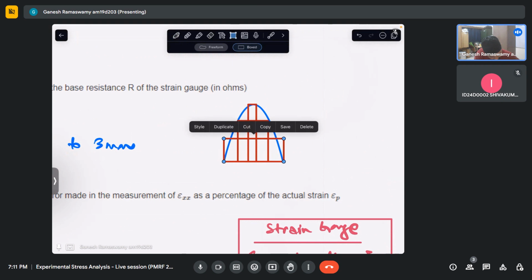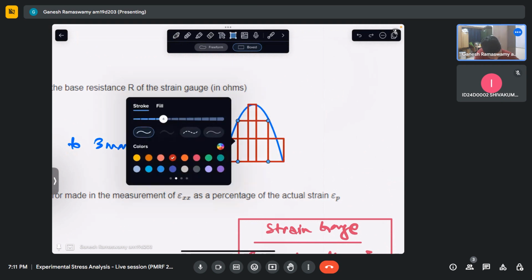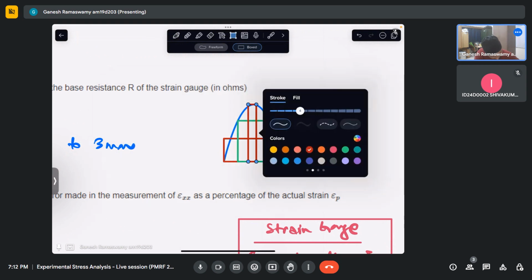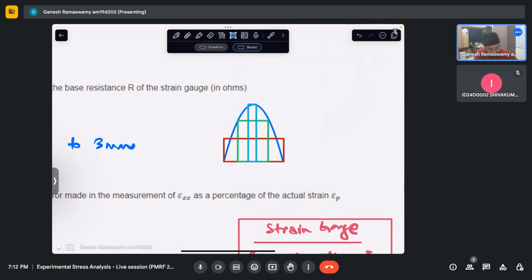Let me color this in a different color. So what we are saying is the blue one is the actual variation. If the blue one is the actual variation, the wider I go, the lesser my estimate of the average strain would be.